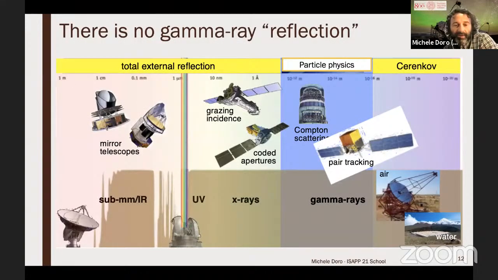So the other point is not only that we do not have a single instrument. If you want to learn about gamma rays, everything below, from X-rays down to radio, you can reflect them. Maybe you didn't think about it, but reflecting them means that you can concentrate them.